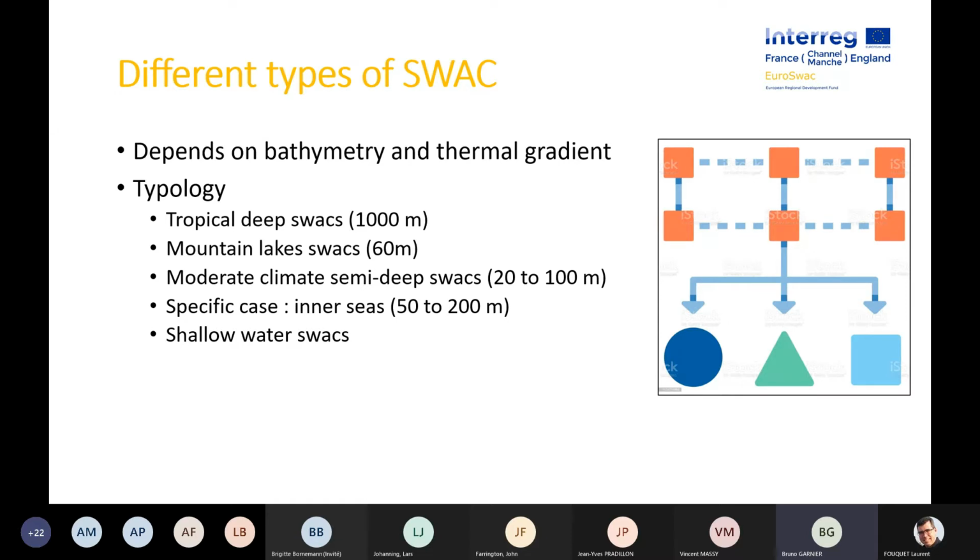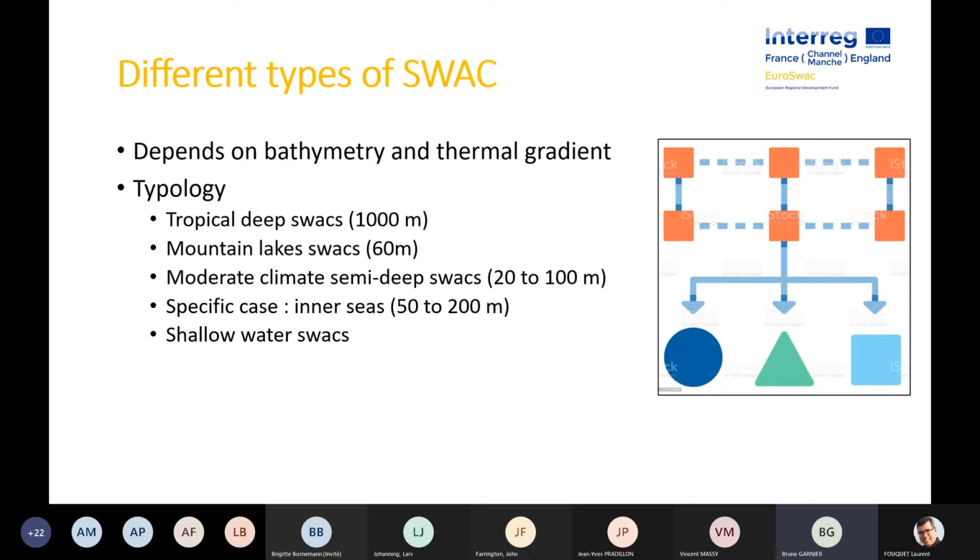We have moderate climate semi-deep SWACs, which are the ones that will be the most useful on the channel territories, that goes from 20 to 100 meters.